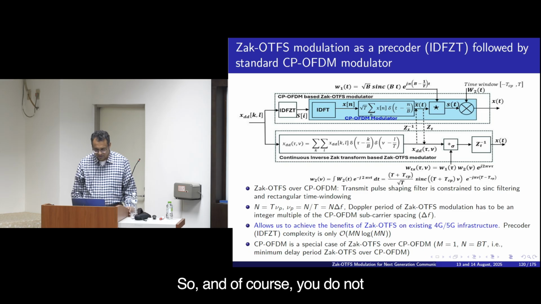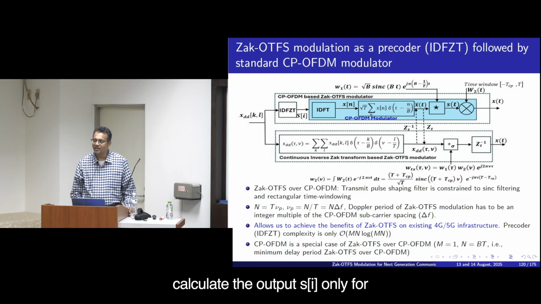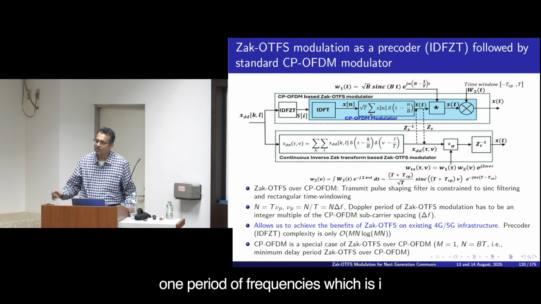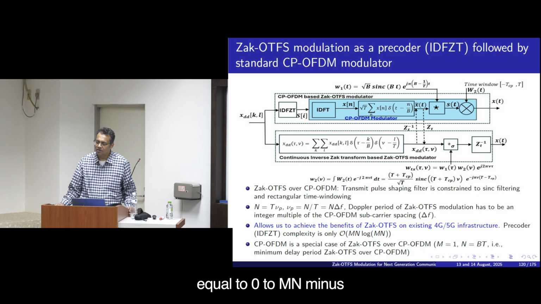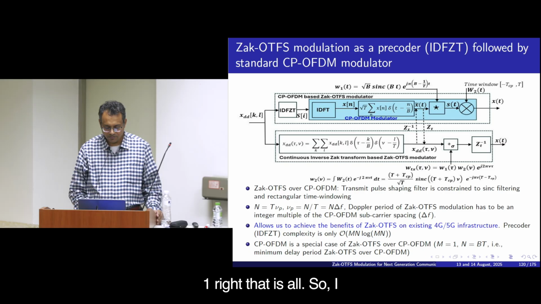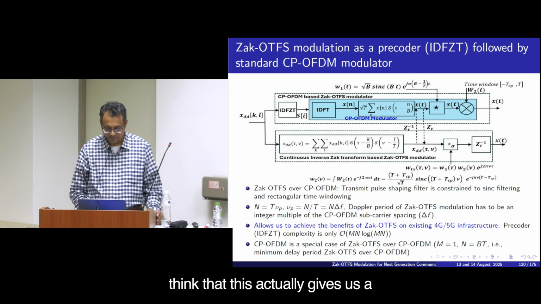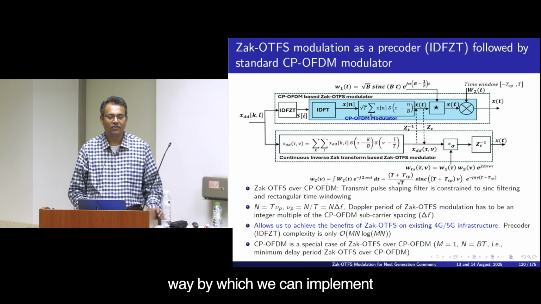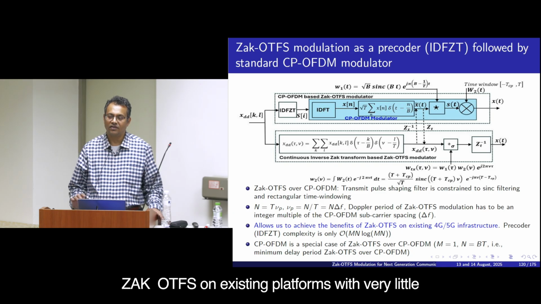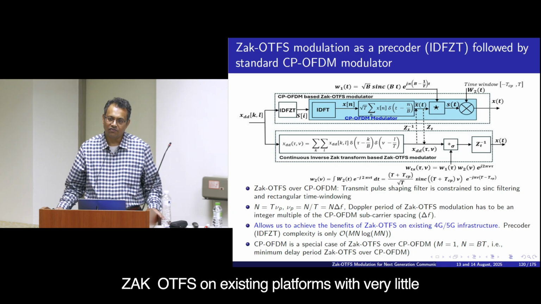And of course, you need to calculate the output s[i] only for one period of frequencies, which is i equal to 0 to MN minus 1, right, that is all. So I think that this actually gives us a way by which we can implement Zak-OTFS on existing platforms, okay, with very little change.